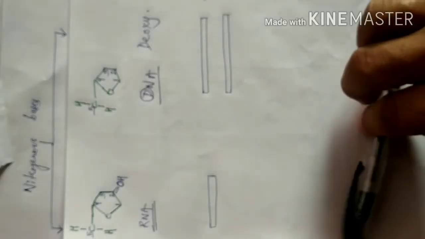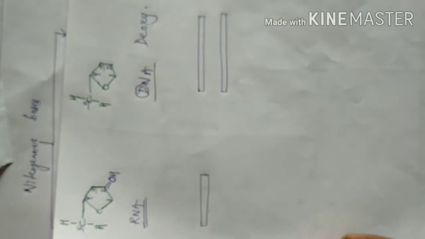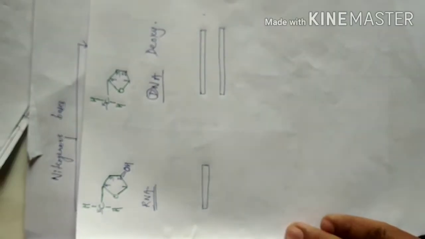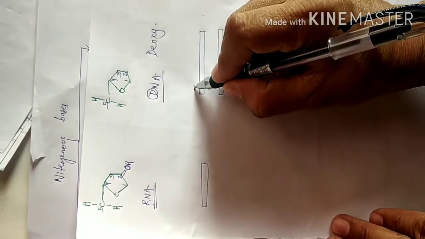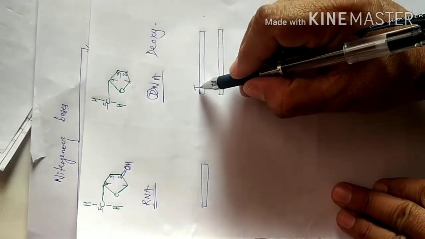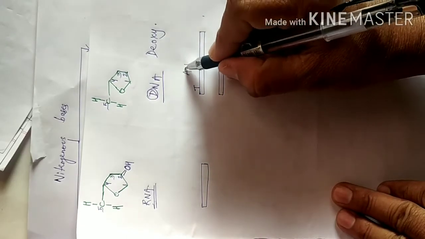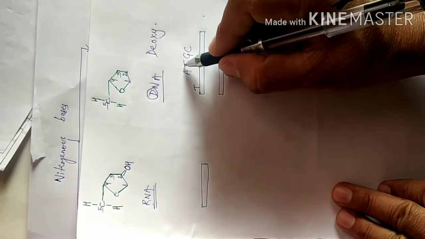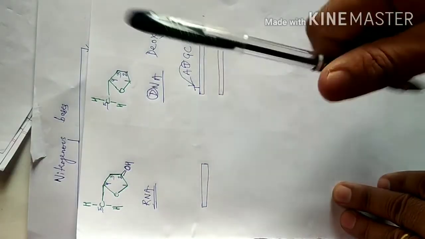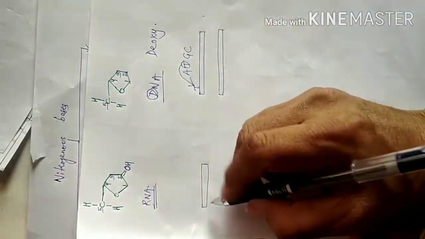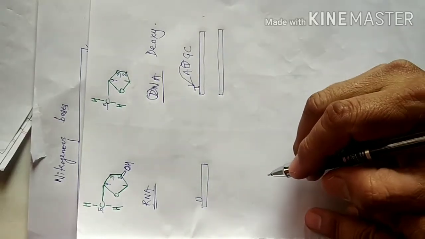Then the third difference between DNA and RNA is that we have already discussed just some time back that there is presence of thymine in DNA, the nitrogenous base thymine. Besides that we discussed A, T, G, and C. We said thymine is present only in DNA, and instead of thymine in RNA there is uracil, U for uracil.